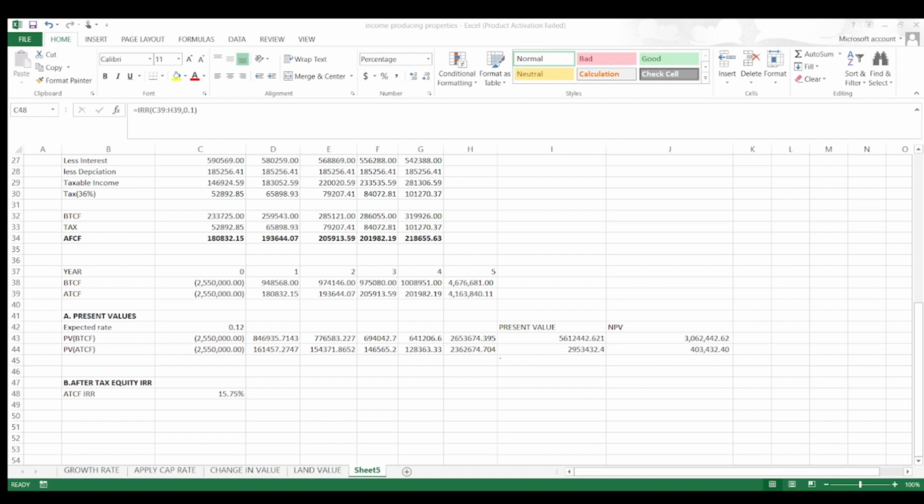Now let's compute the equity dividend rates for year 1 to year 4. The equity dividend rate is gotten by dividing the before tax cash flows by the initial equity investment.